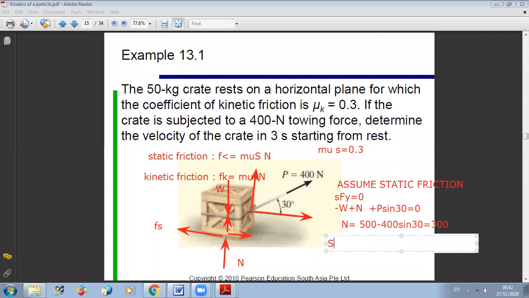So the sum of forces along X is also 0. From this I get minus the static friction plus P cosine 30, so plus 400 times cosine 30, equals 0. So what should be the value of F in this case? It is 400 times cosine 30.